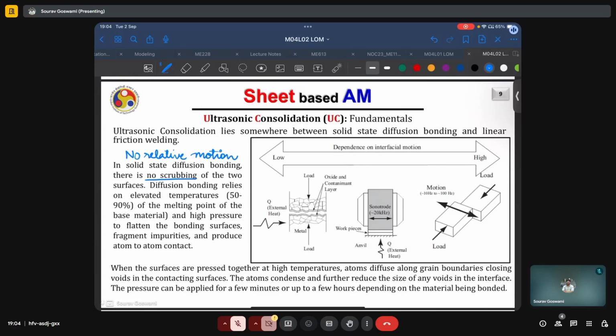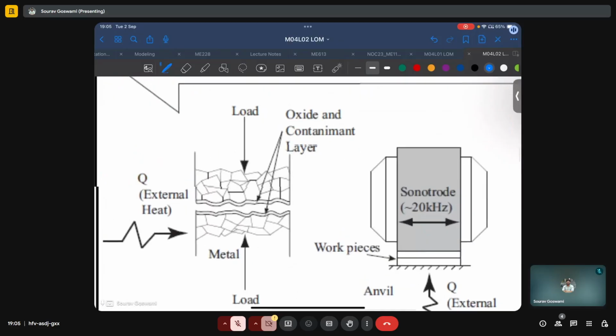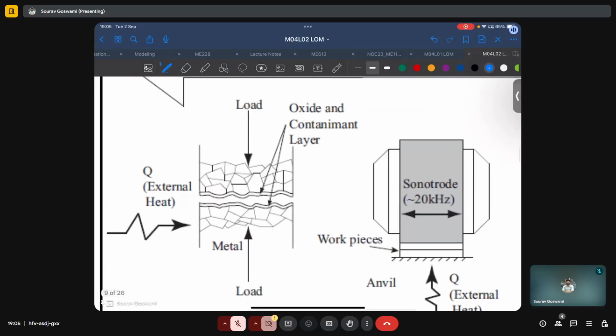Diffusion bonding relies on elevated temperatures between 50 to 90% of the melting point and high pressures to flatten the bonding surfaces, fragment impurities, and produce atom to atom contact. Because, as we know, for any surface, no matter how precisely we machine it, it will never be atomically smooth.